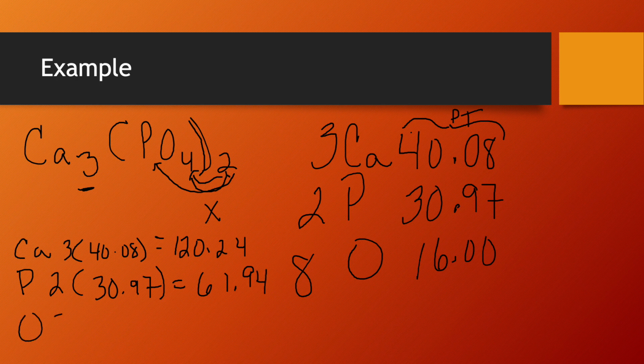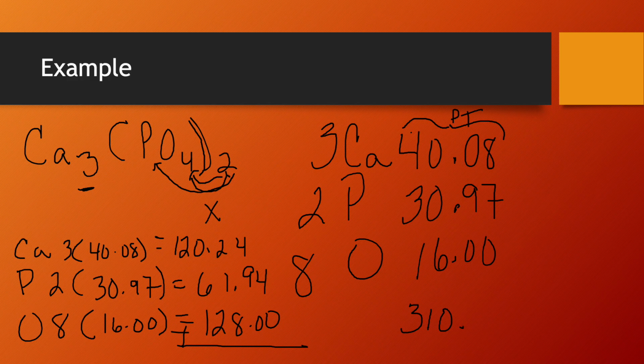And then oxygen, 8 times 16, that's going to give me 128. You add all of these together. When you add them all up together, you should get 310.18 grams per mole.